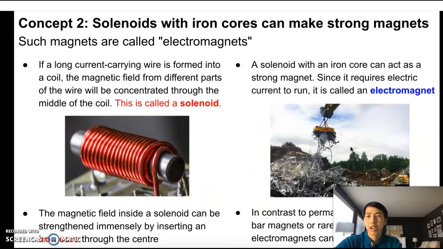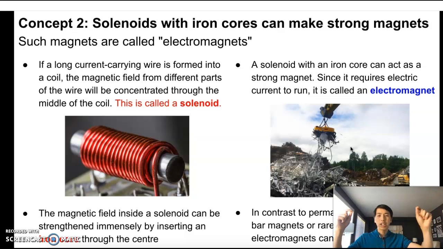So then they took that idea and they engineered something out of that. Instead of having one long wire that creates a magnetic field around it, that's actually quite a weak magnetic field.